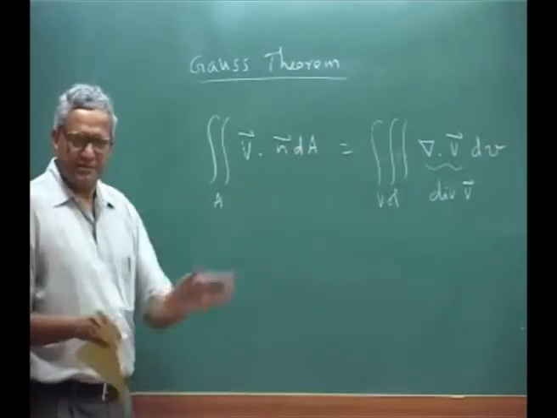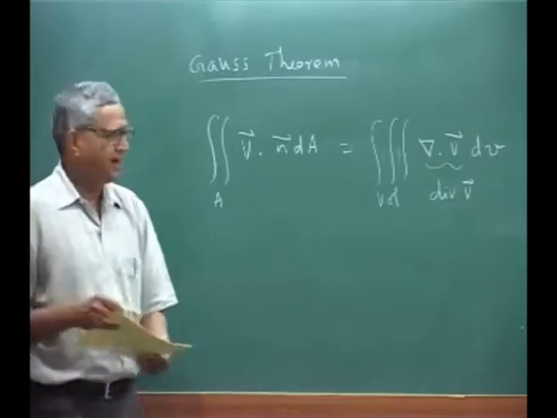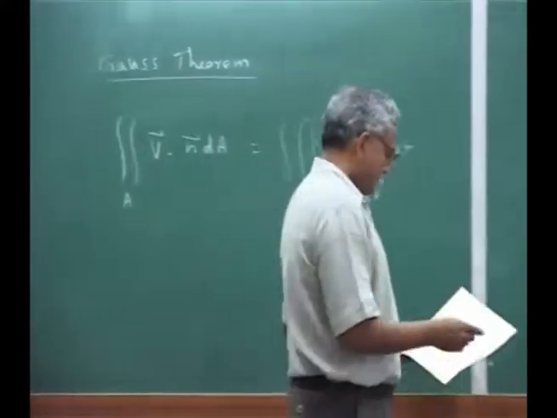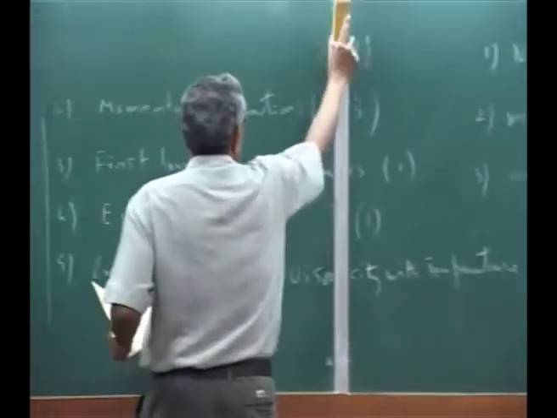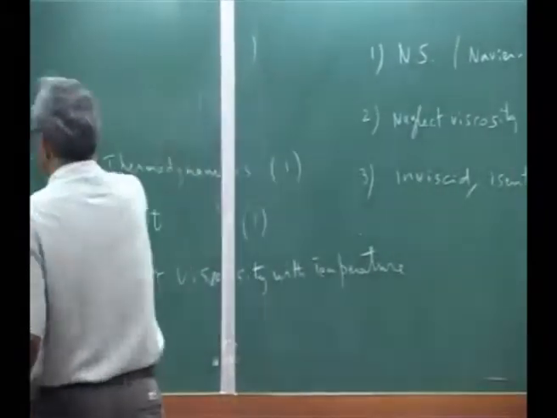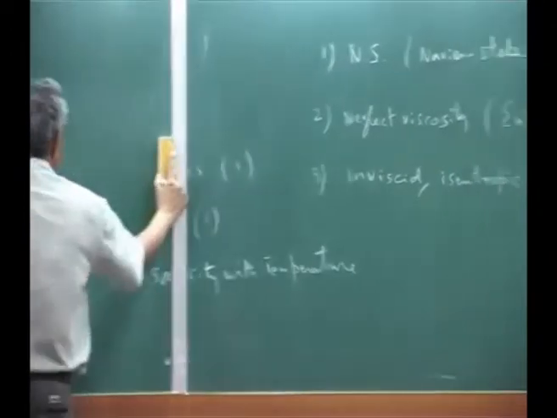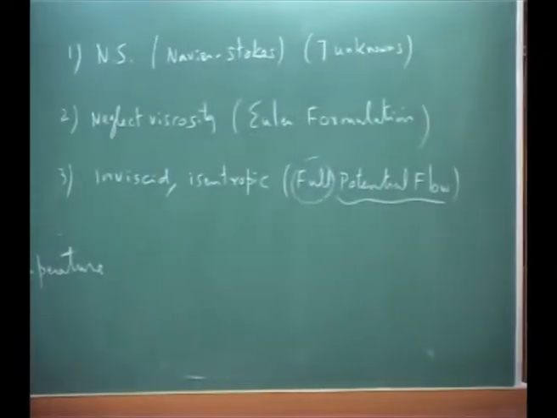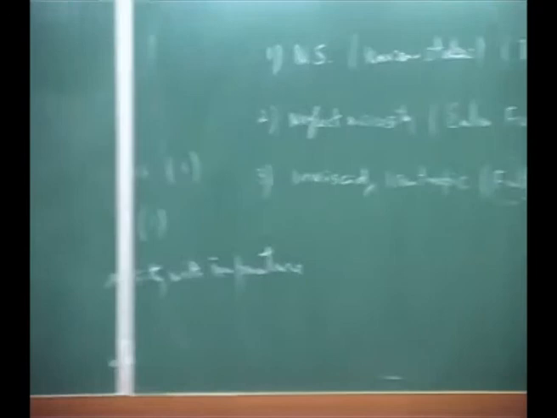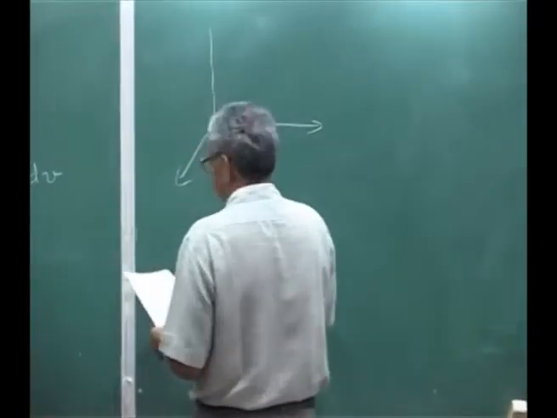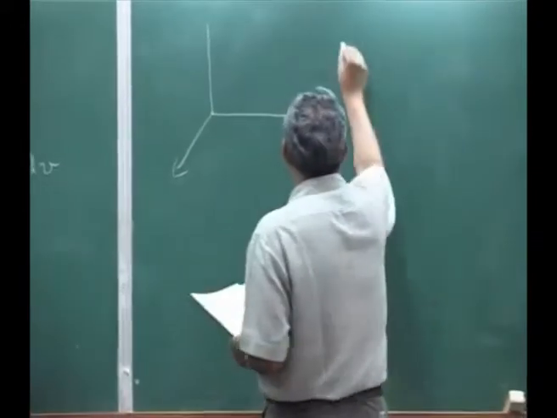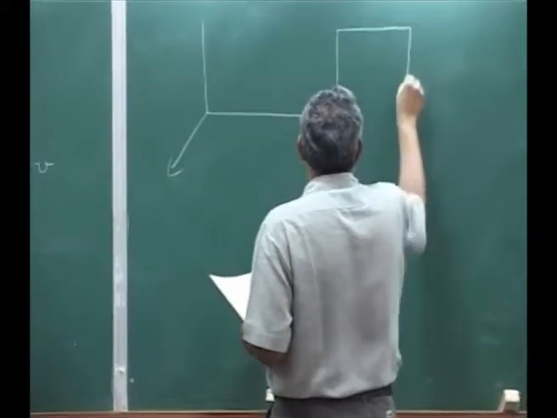Now the proof in the fluid mechanics, normally it is taken as, you choose a control volume. Okay. That is, you define your axis system and then you take a control volume.